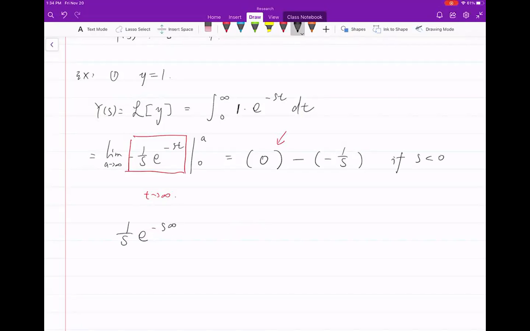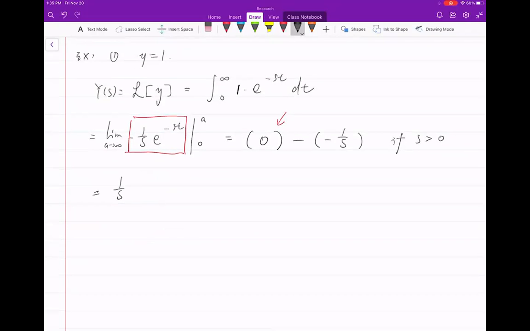What if s is positive? Oh, sorry, what if s is negative? Then this one becomes positive, right? This one goes to infinity. Therefore, the limit does not exist. So this one's only defined for this, which is 1 over s.